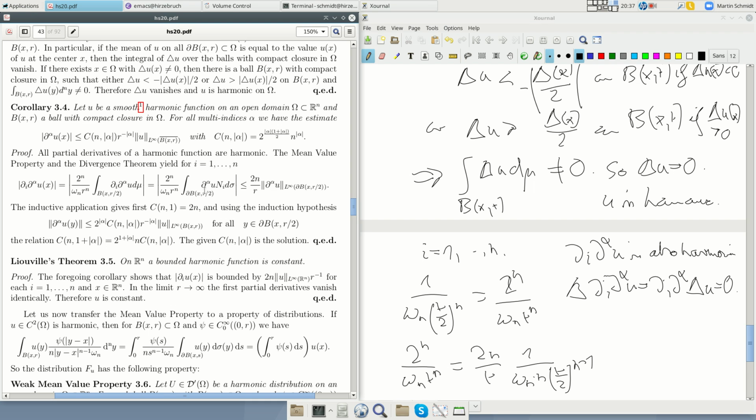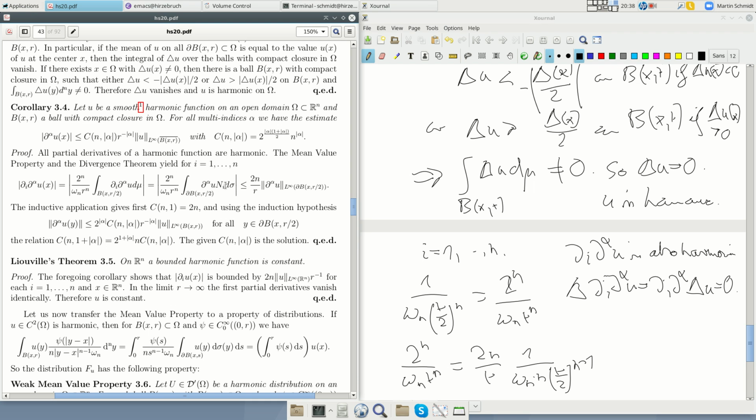Okay, so we can evaluate this by the supremum norm of this function times this factor.